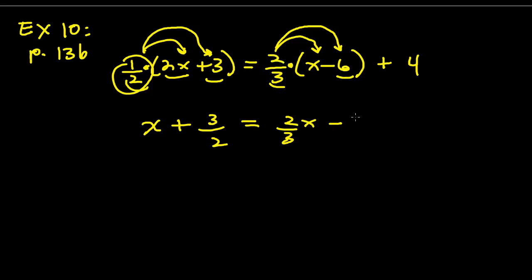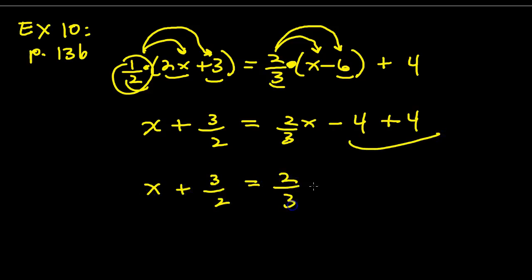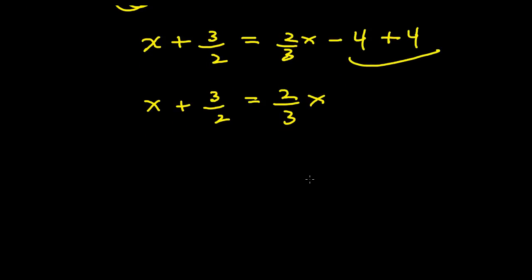So I get 2/3 x minus 4 with this product. And don't forget you've already got a 4 term outside here. All right, of course, I can see that minus 4 plus 4 is going to lead to 0 in a more simplified expression. So let me go ahead and do that. And I'll end up with the statement x plus 3/2 equals 2/3 x.